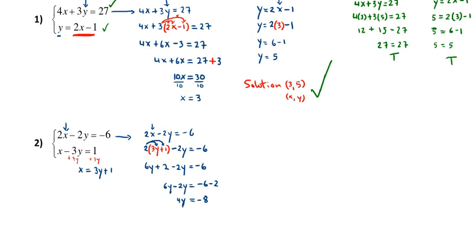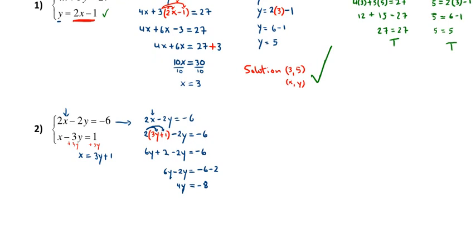And now, what do we do to solve for y? Yes, we divide by 4. We always divide by this number that is next to the y, which is multiplying with the y, so it goes dividing to the other side. And so yes, that's 4 divided by 4, that's 1y, and -8 divided by 4, that is -2.